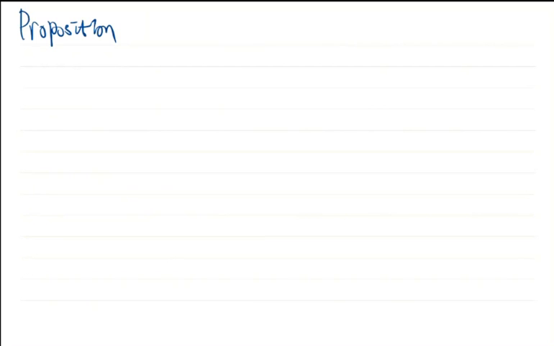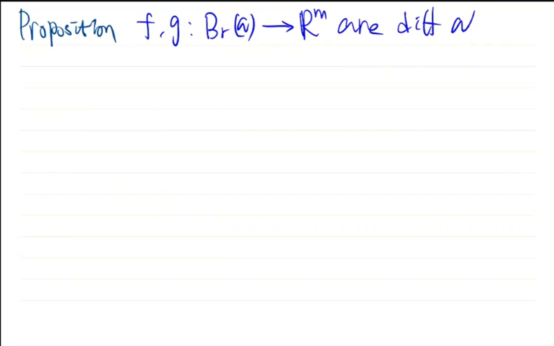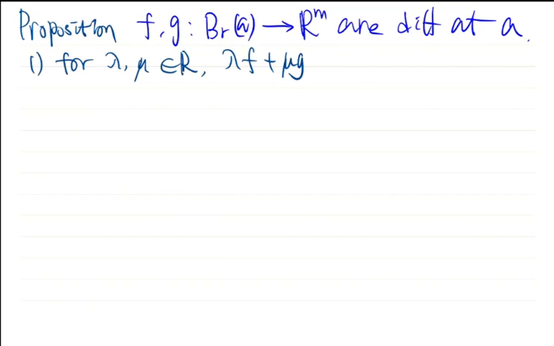Suppose f and g, vector-valued, defined in a neighborhood of A, are differentiable at A. Then the first result: for lambda, mu real numbers, lambda f plus mu g, this is also a map from the neighborhood to R^m.